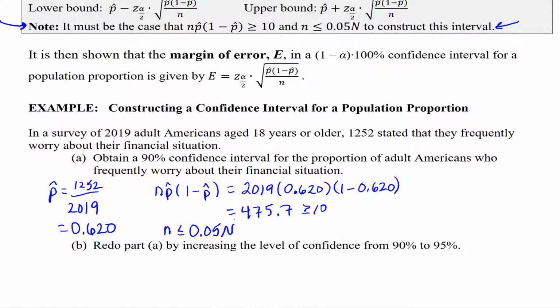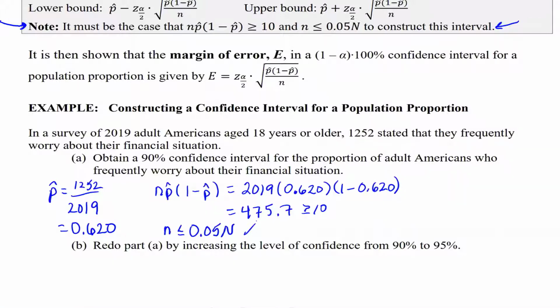So if I take 200 million times 5%, it's definitely bigger than my sample size of 2019. And so my independence requirement is satisfied as well. That means that I can use the normal model to construct my confidence interval.